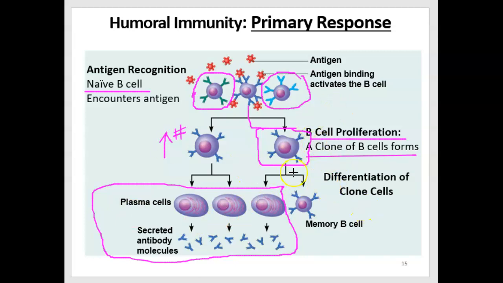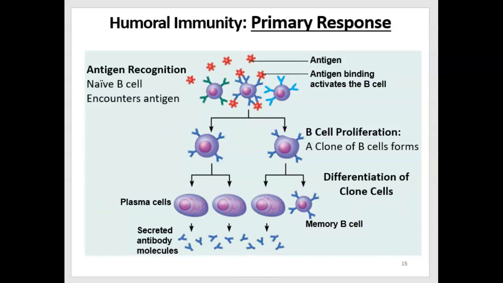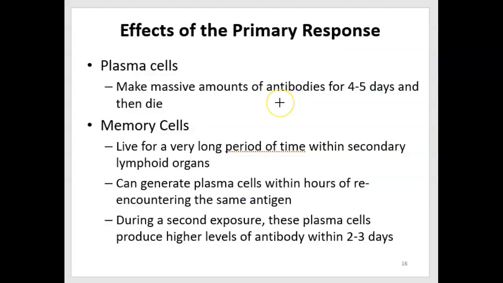But other products of this proliferation become memory cells. And those are the ones that go live in your secondary lymphatic organs. So the overall effects of the primary exposure and subsequent response by the humoral branch of the immune system is the production of massive amounts of antibodies for 4 to 5 days.